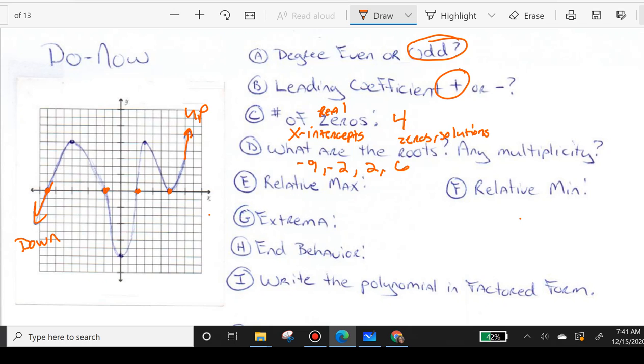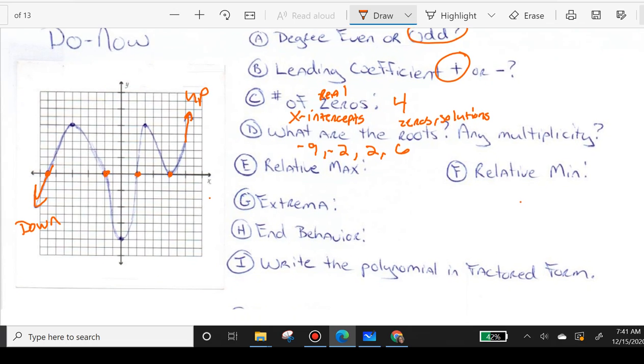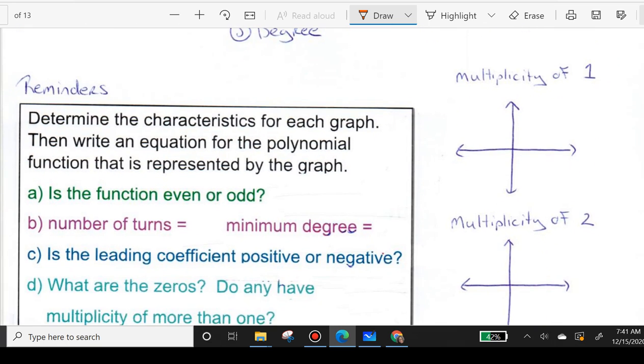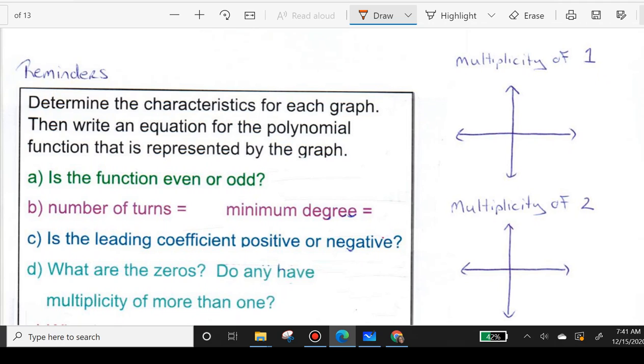Now, this is a piece we spoke about in our last session, just to, again, reiterate the 3 situations with the multiplicity. If you have a multiplicity of 1, this is going to be when it passes straight through the x-axis.